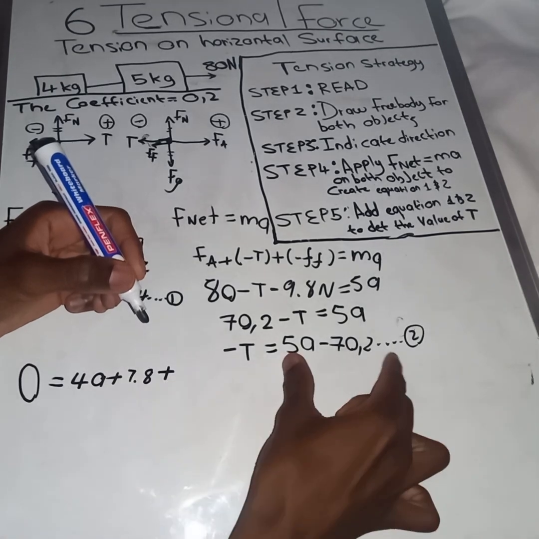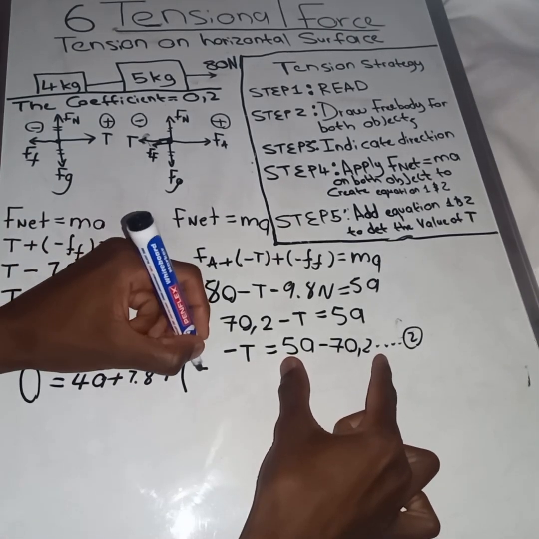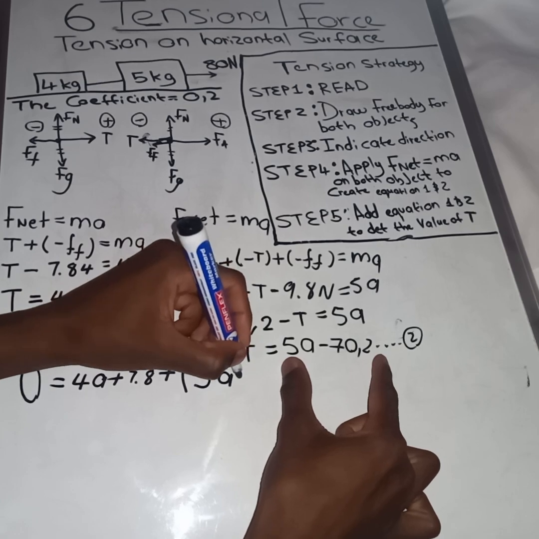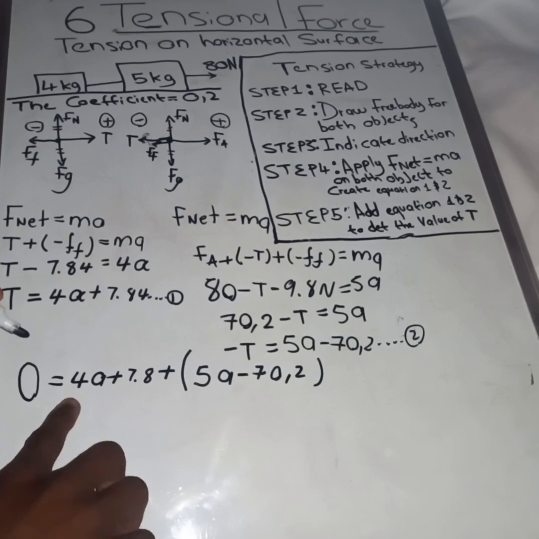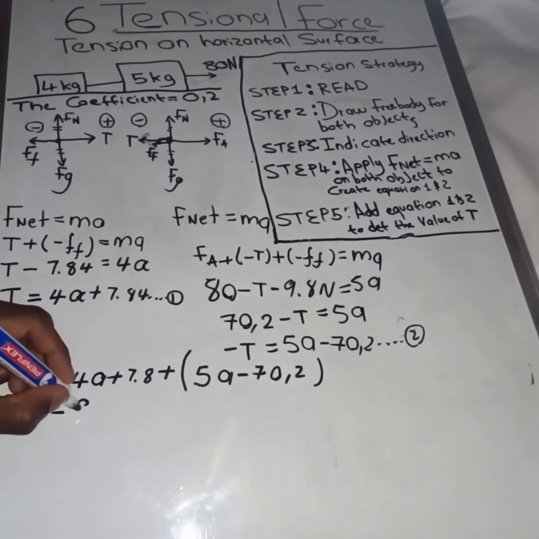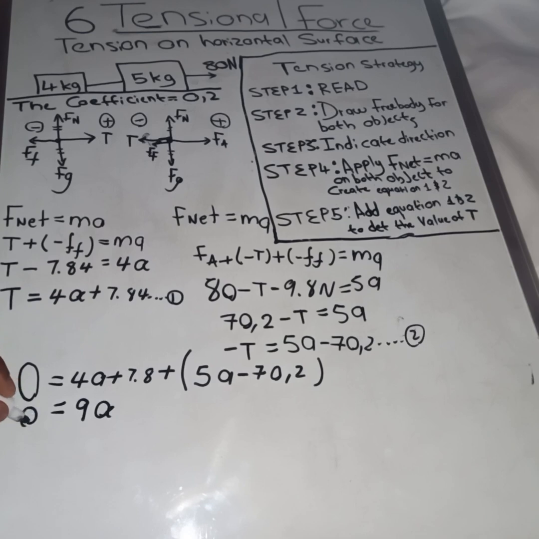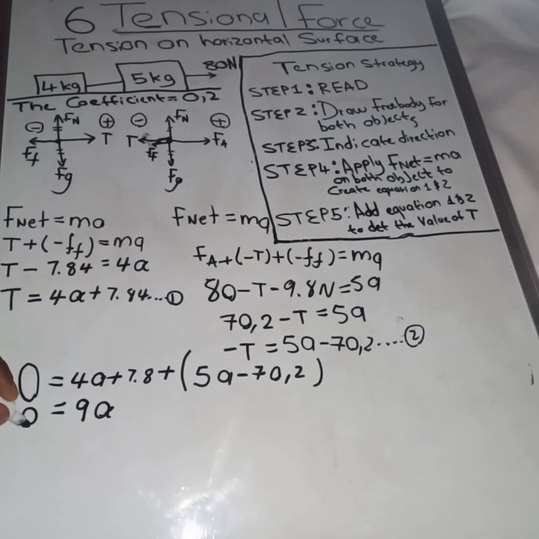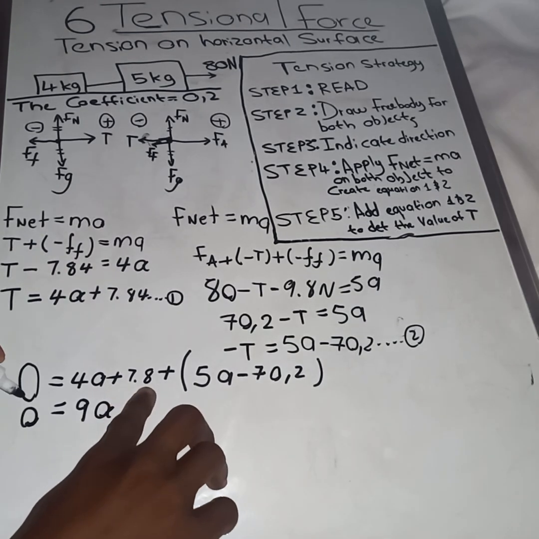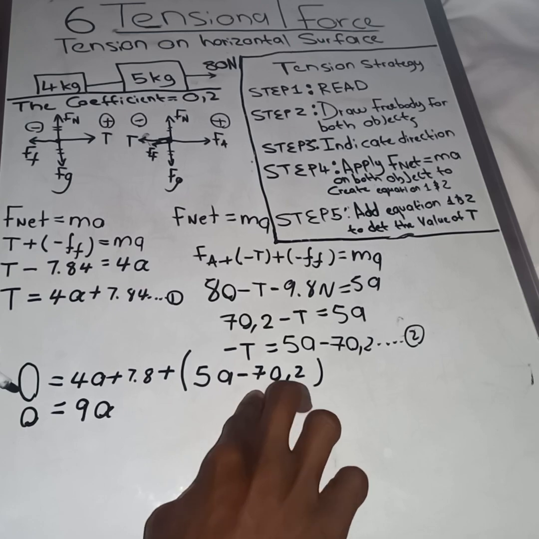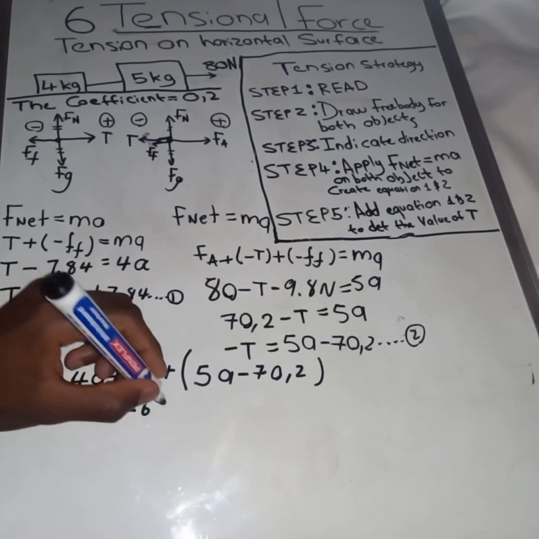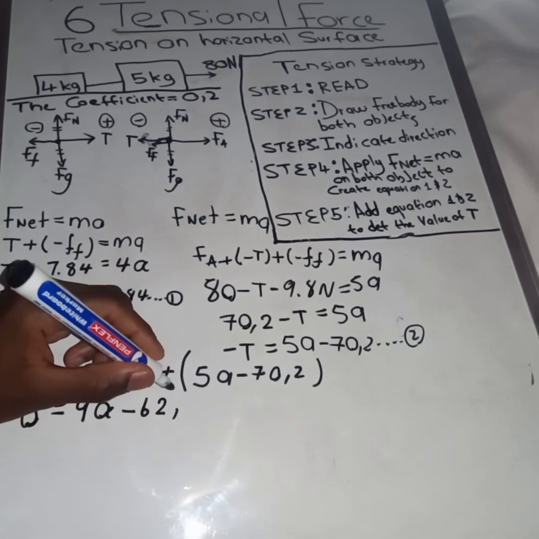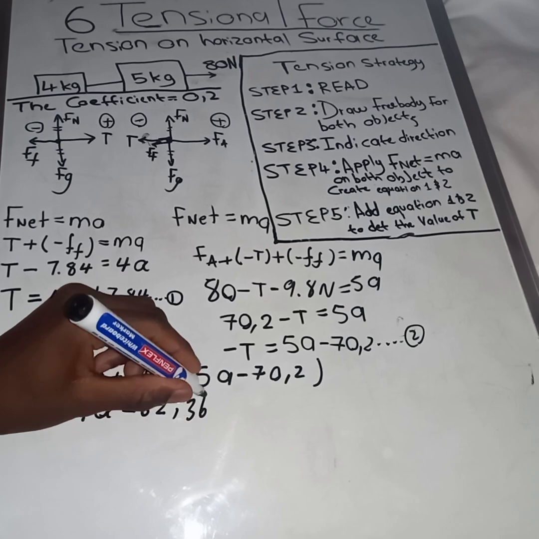plus, so equation 1 plus equation 2. 4a plus 5a equals what? 9a. 7.8 minus 70.2, negative 62.36.